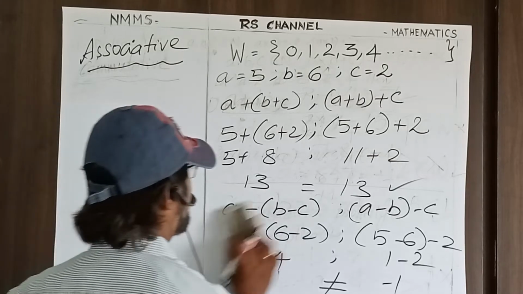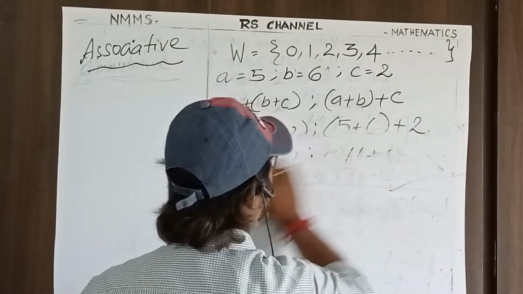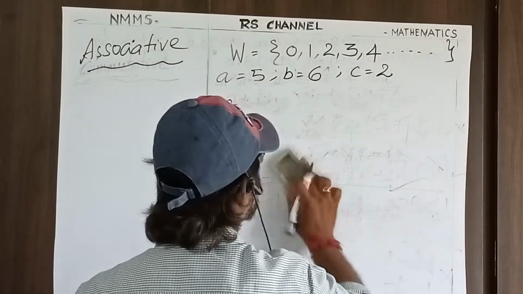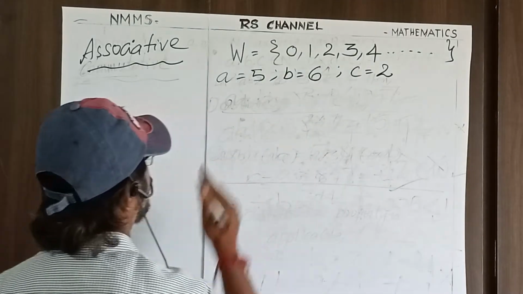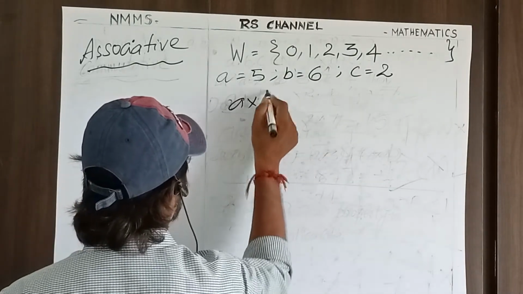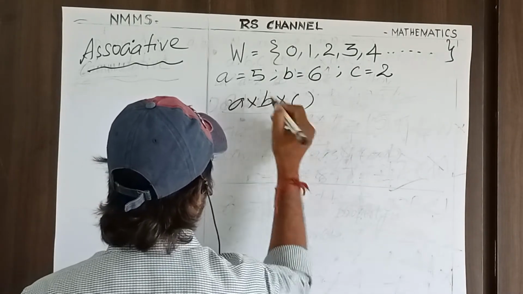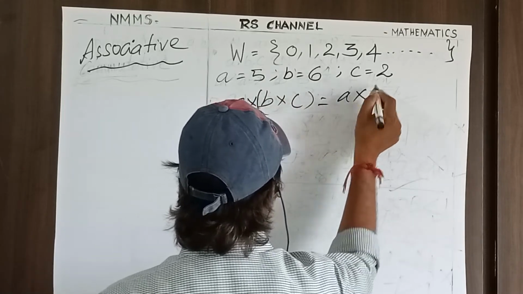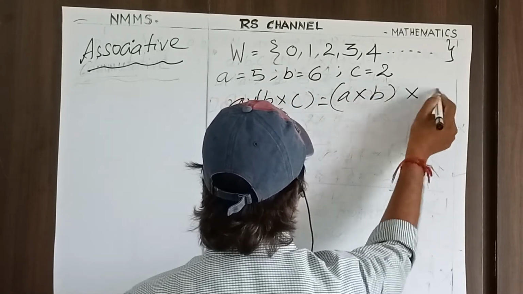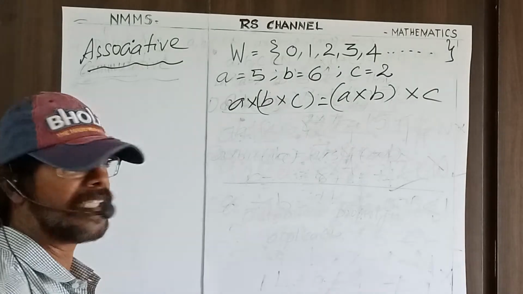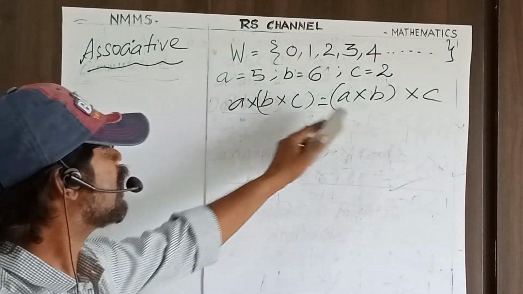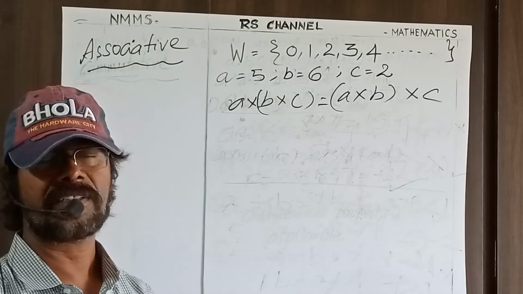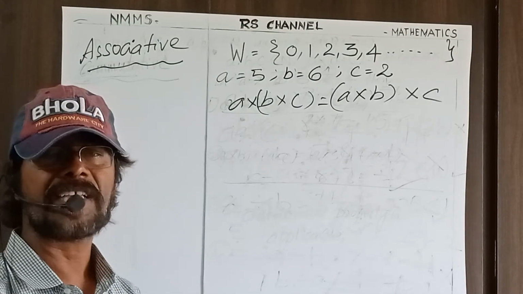Next, go for another operation, multiplication. A into B into C is equal to A into B into C. We have to prove that if both give the same answer, then we say it is satisfied.